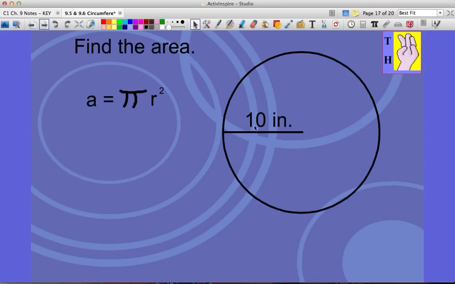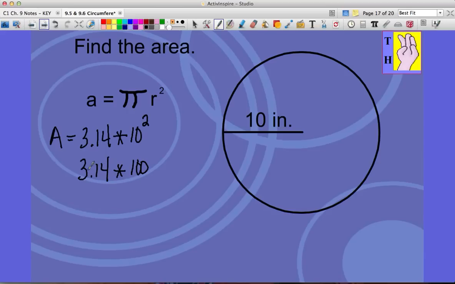Here they do give us the radius, so I fill in my pieces. I don't know A. I know that pi is 3.14, times my radius is 10, and I have to square that. Order of operations tells me that I have to use the exponent first. So 3.14 comes down, and 10 times 10, because that's what 10 squared means, is 100.